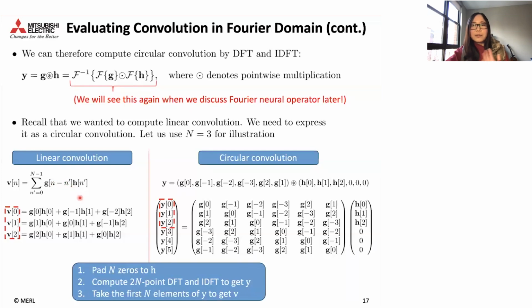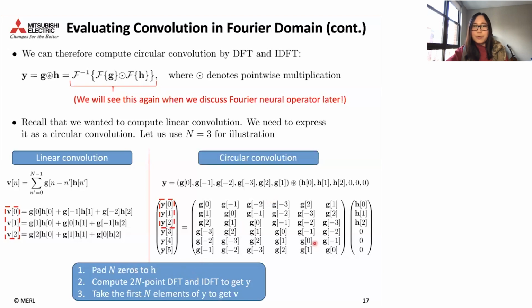And then we need to do some manipulation to represent this linear convolution in this circular convolution form. And then we can use whatever our computer provides us, the FFT, to do this linear convolution. Details are not important.